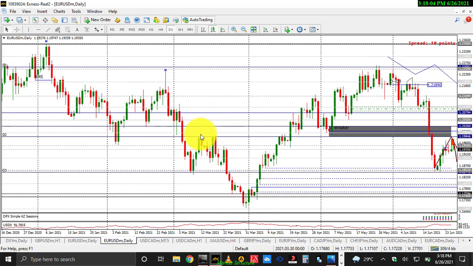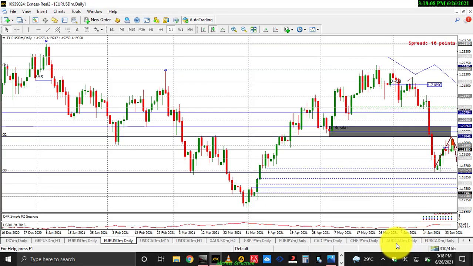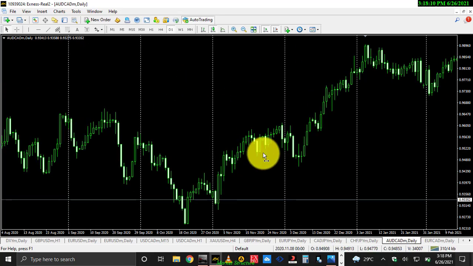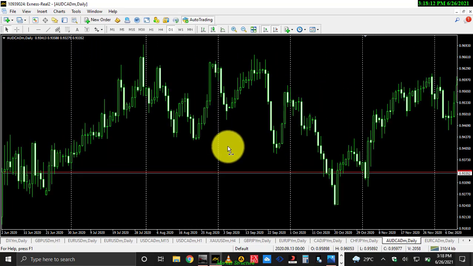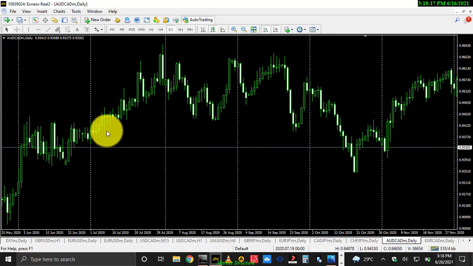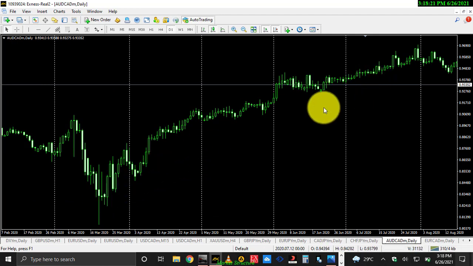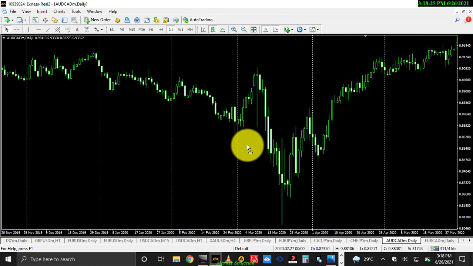So that is that. Let me use a different pair for this. Let me use AUD card. The same thing happens in all markets. We are coming from this side. So you have to check where we are coming from. All these sell stops are taken.